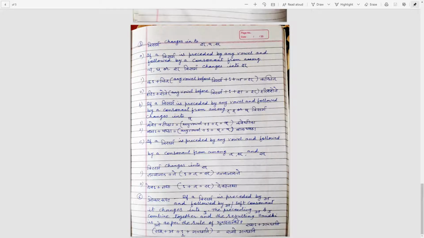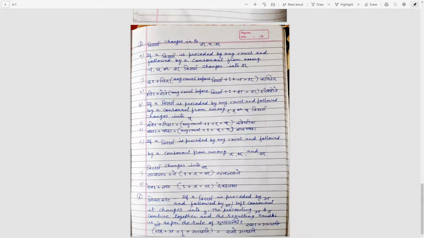We will see the next type of sandhi, okara roop. If visarga is preceded by a and followed by a or a soft consonant, it changes into u. We have seen this: the preceding a and u combine together and the resulting sandhi is o as per the rule of gun sandhi.